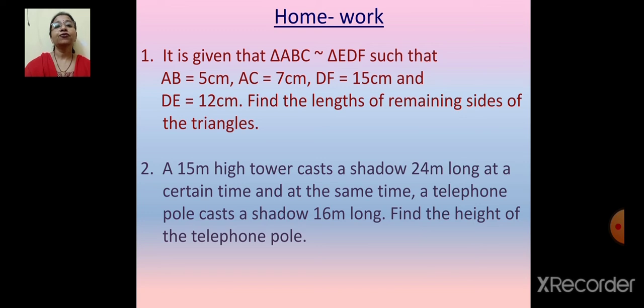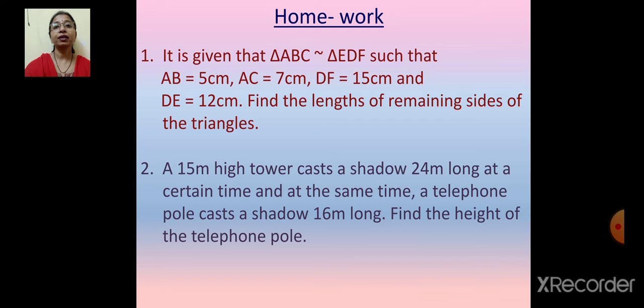Here, a 15-meter high tower casts a shadow 24-meter long at a certain time, and at the same time a telephone pole casts a shadow 16-meter long. Find the height of the telephone pole. Right. So here tower is perpendicular to the ground and the telephone pole is also perpendicular to the ground.